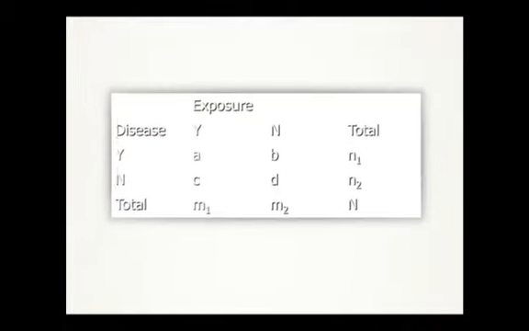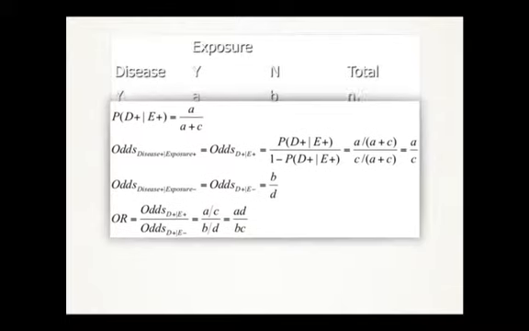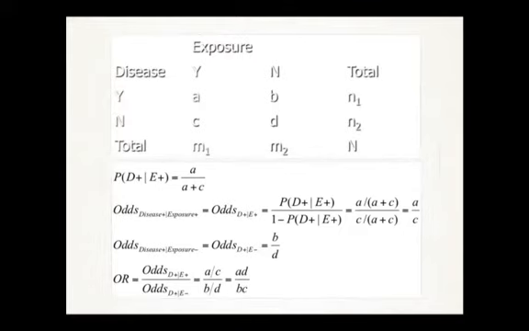So let me bring up this table again that we've been using to summarize our data. Okay, and then now we can think about what we can estimate. Okay, so here in this first line we're saying what is the probability of disease positive given exposure positive. So exposure positive is this column, right?